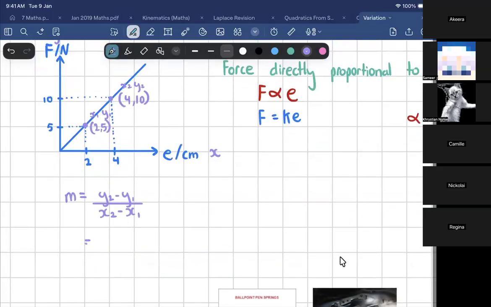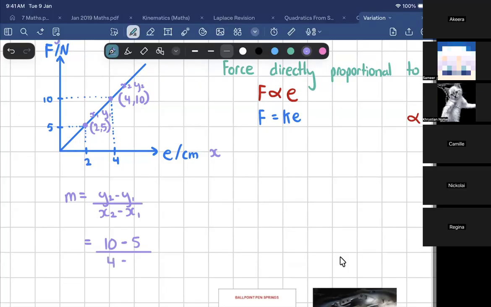So we know that the y2 value is 10, and what's the y1 value? 5. Right, so I'll say 10 minus 5. What is the x2 value? 4.